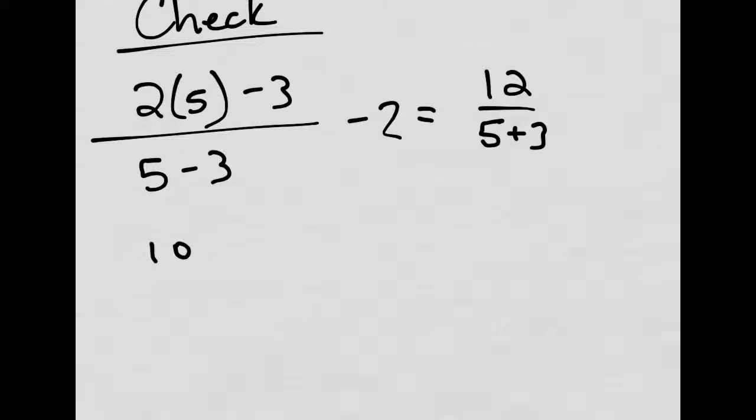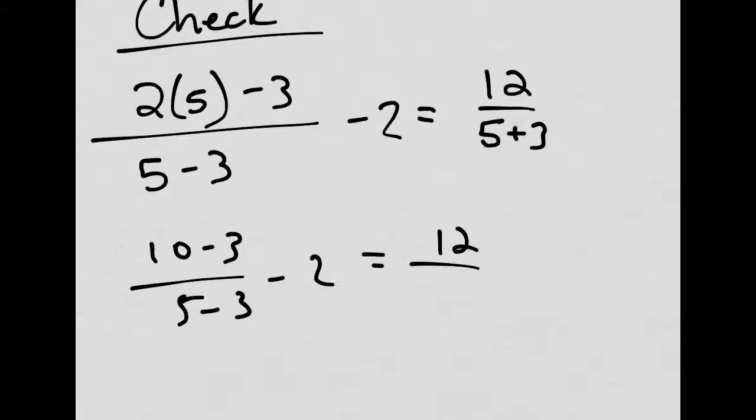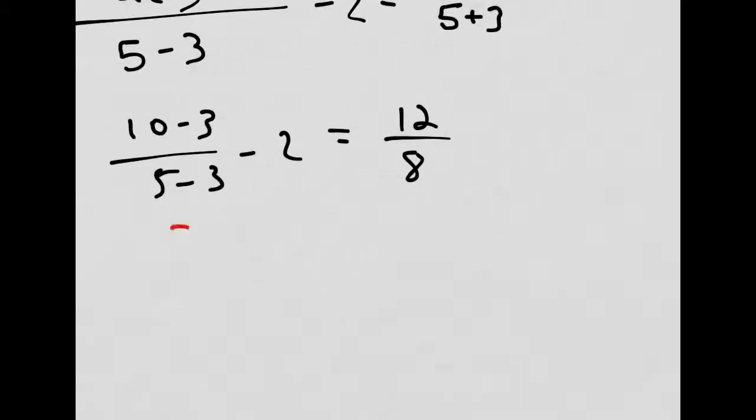So that's 10 minus 3 over 5 minus 3, minus 2, is equal to 12 over 5 plus 3, which is 12 over 8. So that's 7 over 2 minus 2 is equal to 12 over 8.